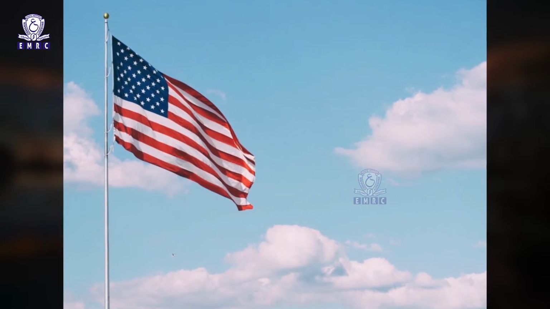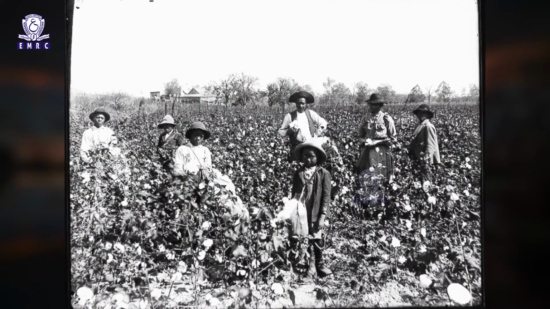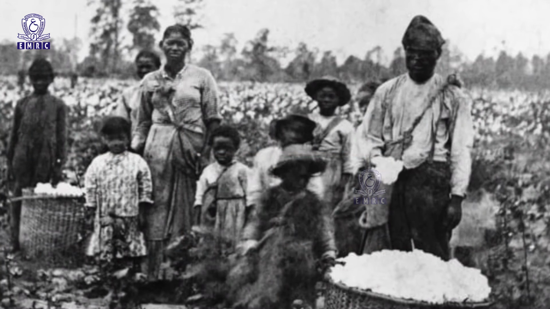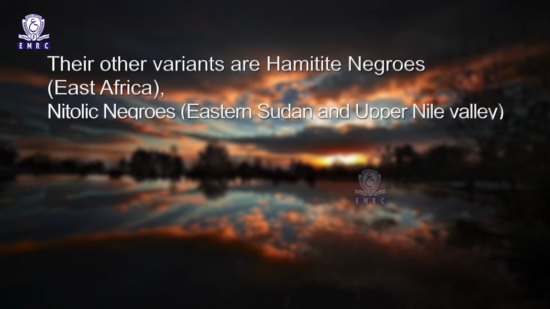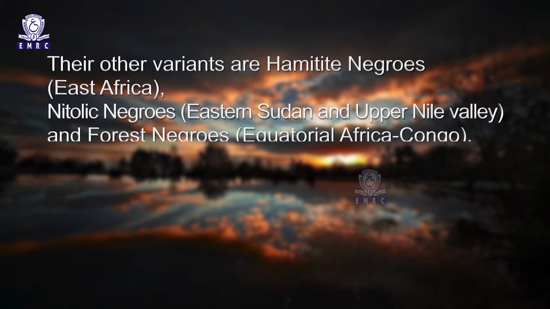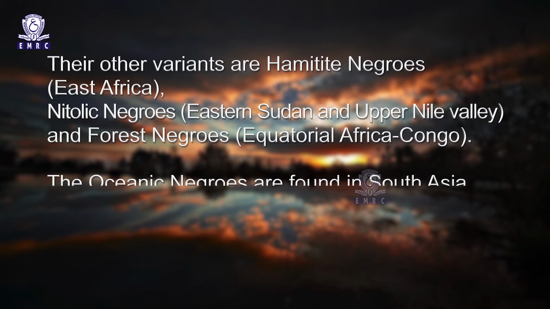They were carried to the southern states of the USA as slaves by the white people for working on their agricultural fields. Their other variants are Hamitic Negroes, usually found in East Africa, Nilotic Negroes, usually found in the eastern Sudan and upper Nile Valley, and Forest Negroes in Equatorial Africa and Congo.